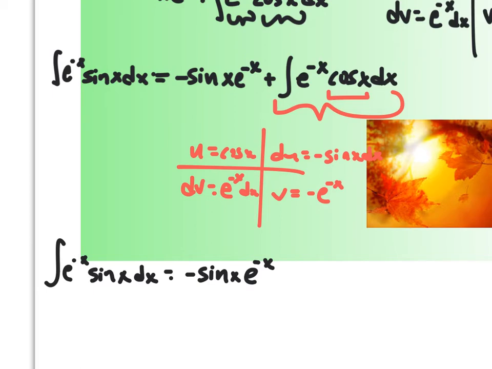Okay, so uv is negative e to the x, okay, cosine x, minus the integral of v du. Okay, minus, now the negative here on the v, I'm just going to bring out e to the negative x sine x dx.